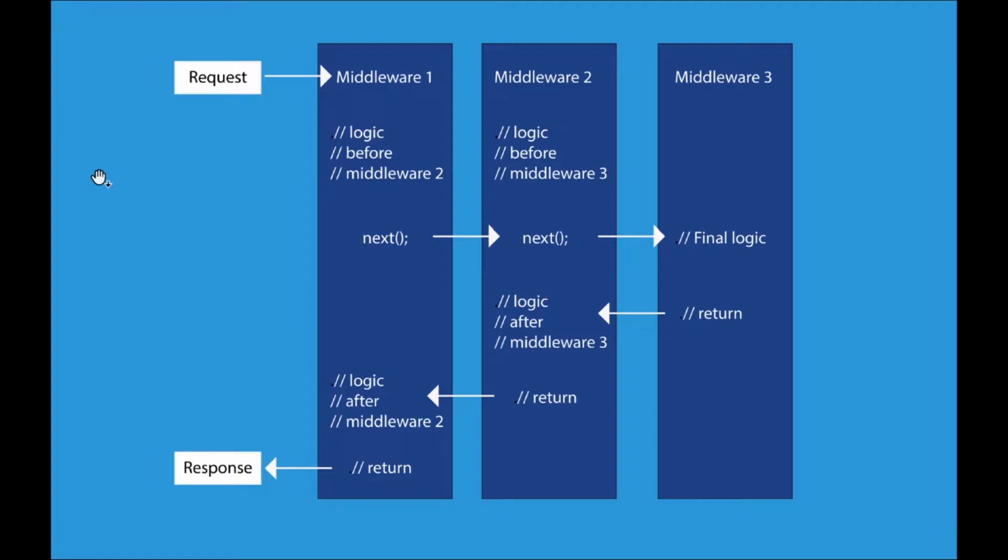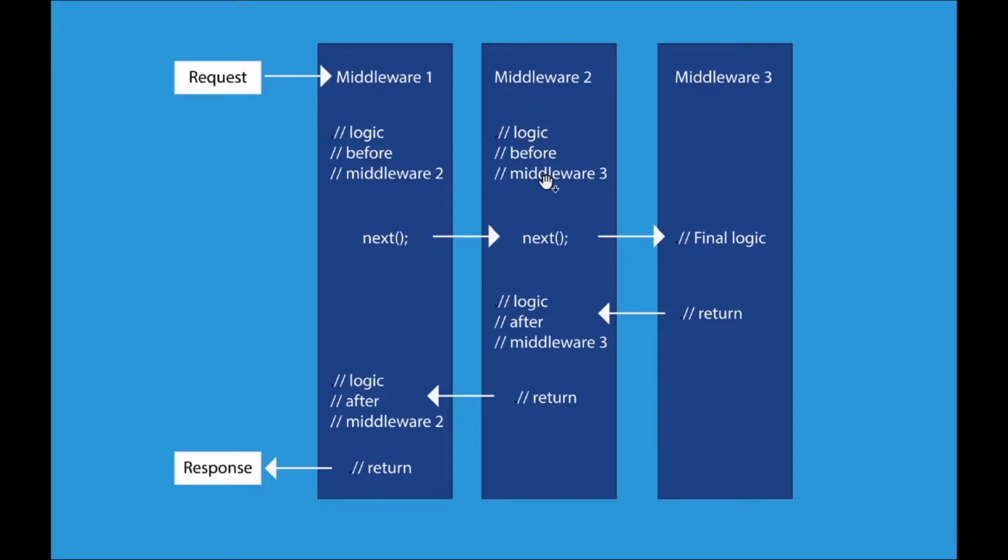Okay, so here you can see in this diagram that there are three middlewares. Imagine this entire diagram is an app pipeline and there are three middlewares configured in that pipeline. What is happening here is the request is coming to the first middleware and some logic is being performed on that piece of request before it is passed on to the next middleware.